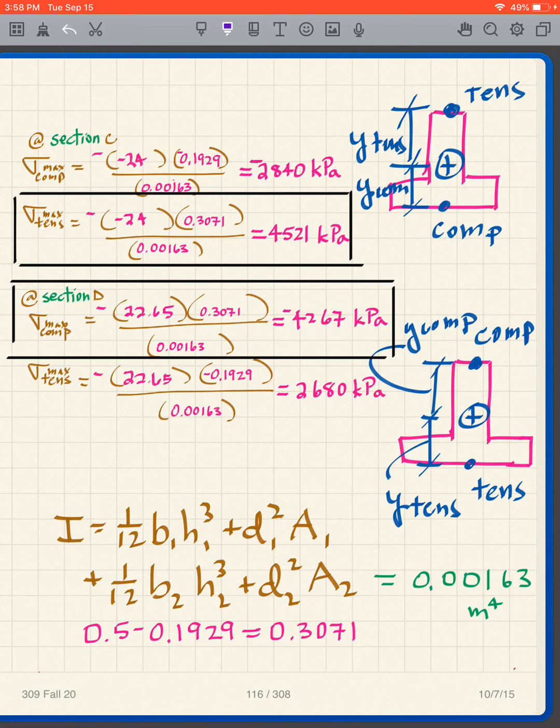So we can also reason this out in the sense that, at section C, I had my negative moment, so it looked like that, so I have compression at the bottom, tension at the top. At section D, I had positive moment, so I had tension at the bottom, compression at the top.